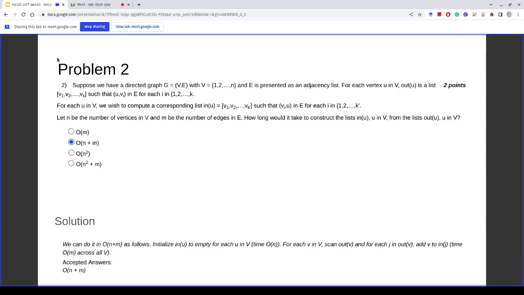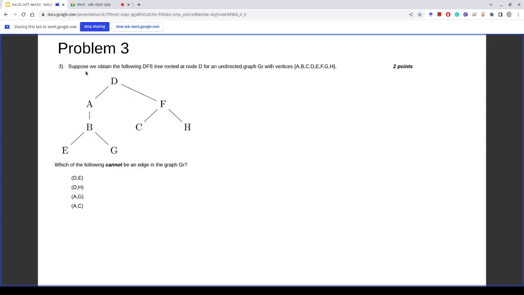Okay. If it is clear, then we'll move to the next question. Just read this question. The question given here is about a DFS tree.